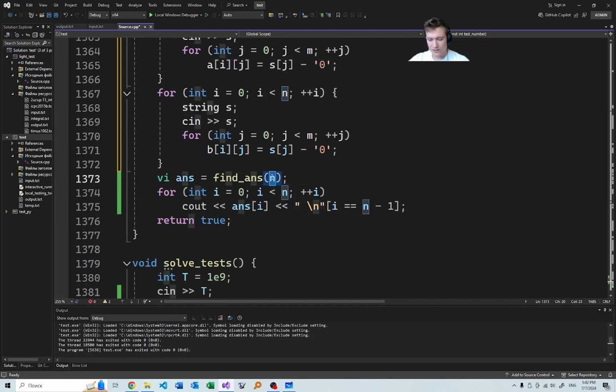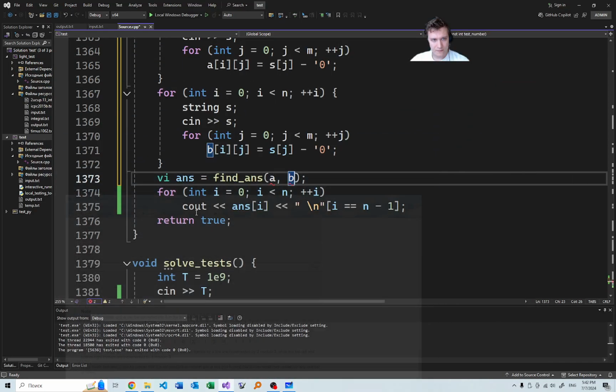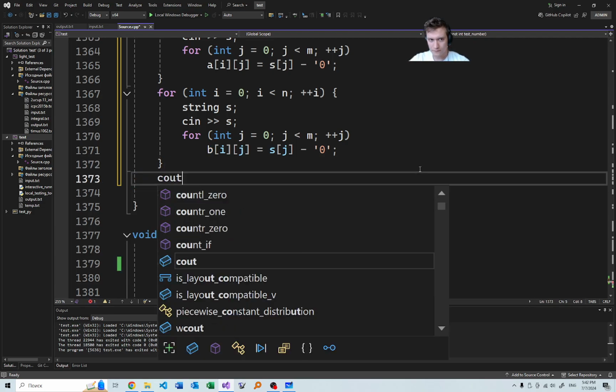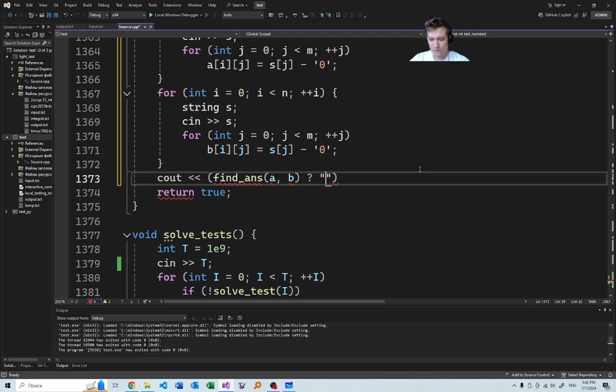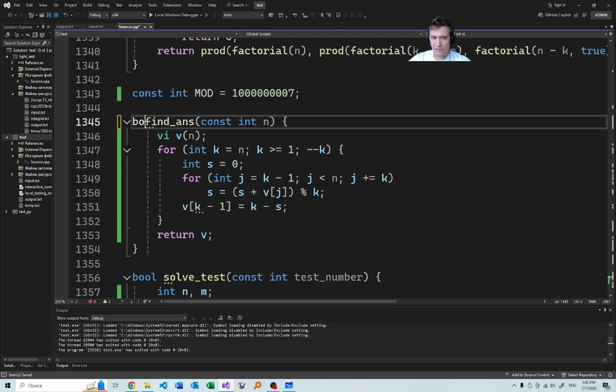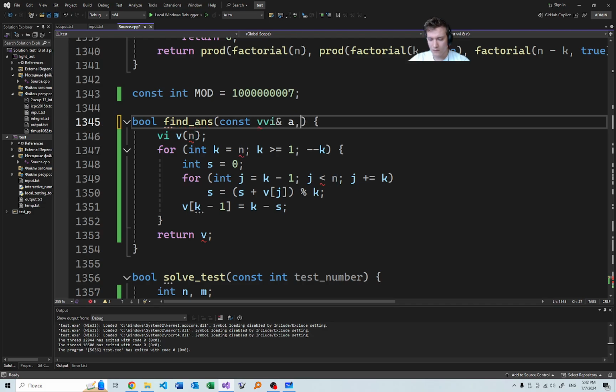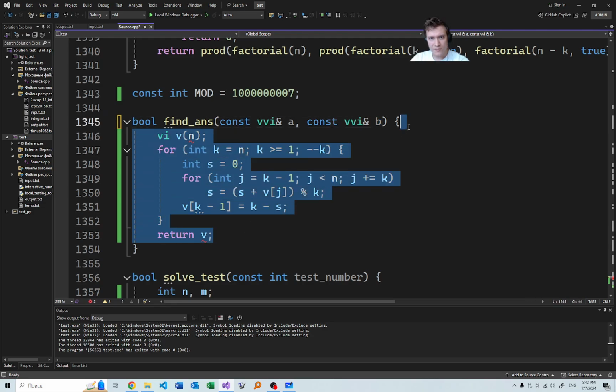Okay, find ans A, B. And I need to return a bool. So it returns a bool. And we need to check all columns and all rows.